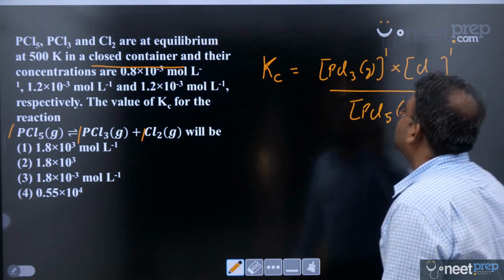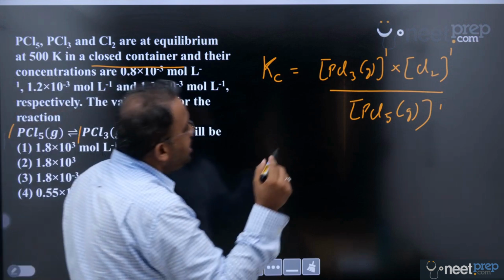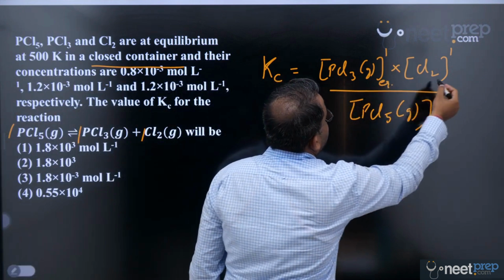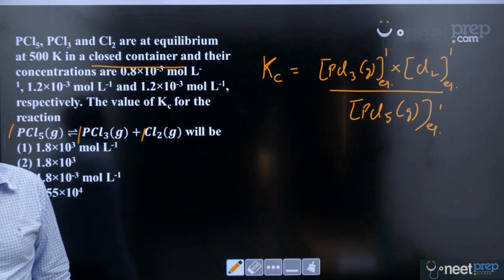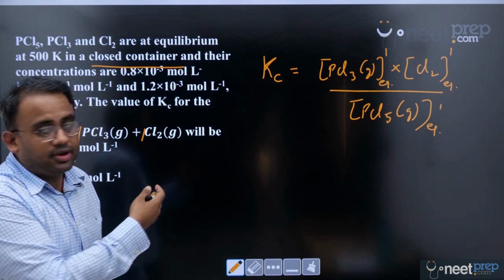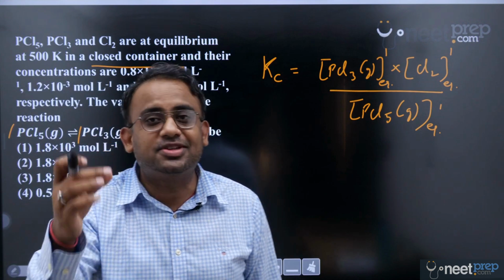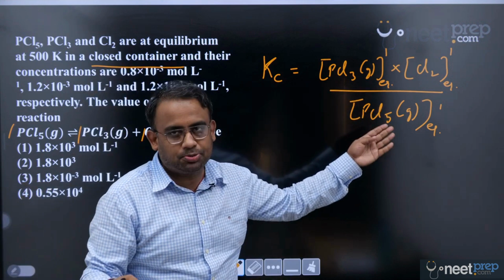Is there anything I'm missing in writing the expression for Kc? Yes, I should mention that these concentrations are at the equilibrium point. There is another term which is not in this problem, but let me give you some information: the reaction quotient Qc, which also has the same expression.